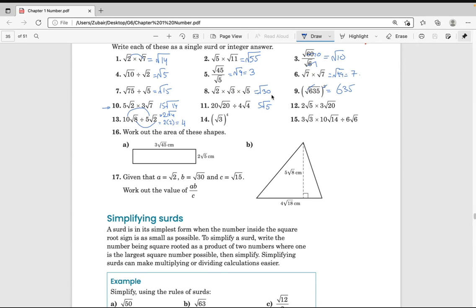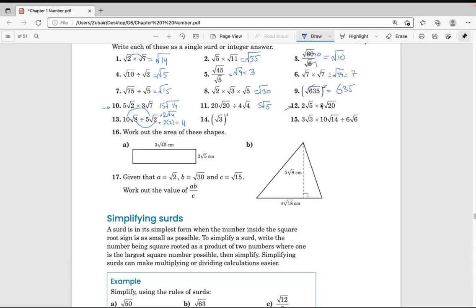Ali, try number 12. So it will be 5, 6, 60.